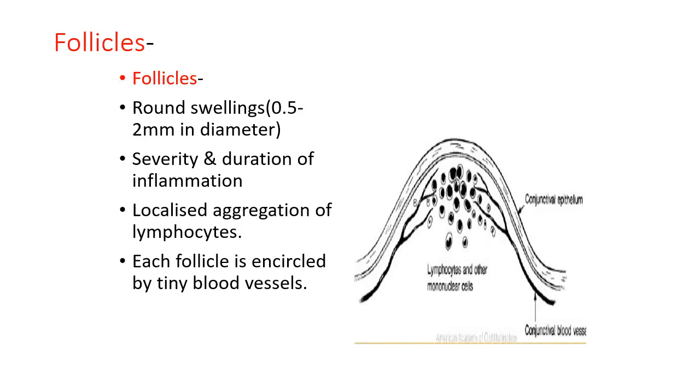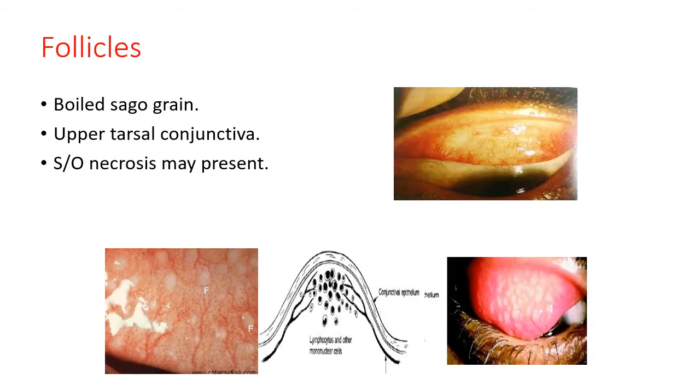This is how a follicle looks: a round swelling. Severity and duration of inflammation will tell that it is a follicular response, that is a localized aggregation, as I have mentioned, and each follicle is encircled by a tiny blood vessel. It looks like a boiled sago grain.